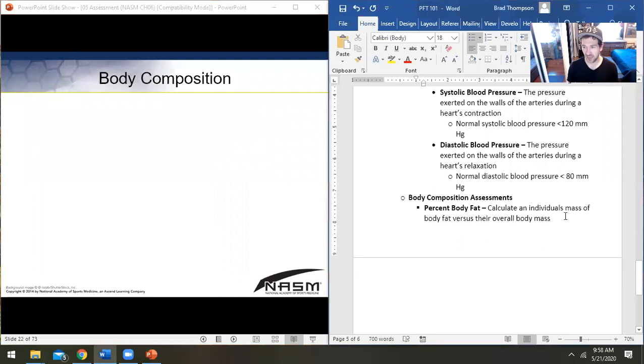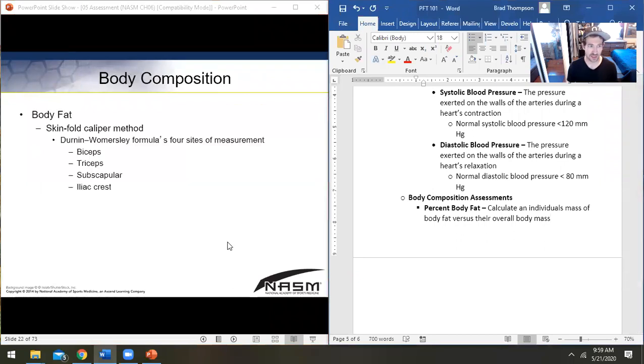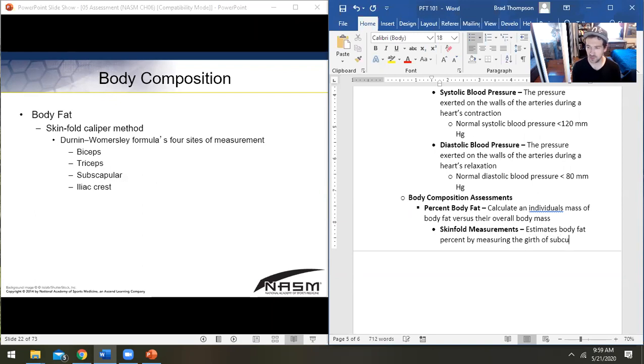So the first one we're going to look at of the three is the skin fold caliper method. A skin fold measurement is going to estimate body fat percent by measuring the girth of subcutaneous fat.